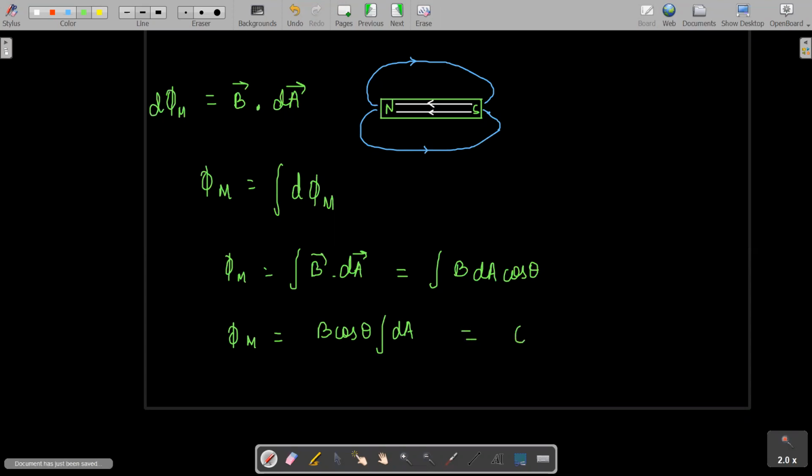So the total magnetic flux will be B cos theta into A, where A is the complete area. It is the integration of dA, which means the sum of all the area. So magnetic flux will be B A cos theta. Okay, BA cos theta. I'll write it here on the next page.